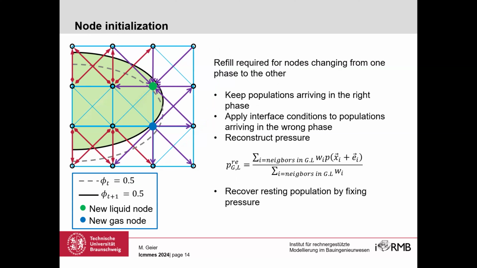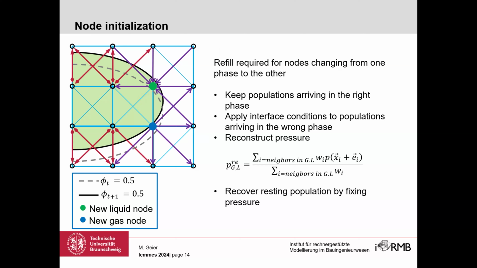The big part is, of course, because the interface is moving, we have to reinitialize nodes. The good thing is that with a little bit of cheating, we can recover most of the directions that we have in the usual way, by a few assumptions that I'm not going into now.